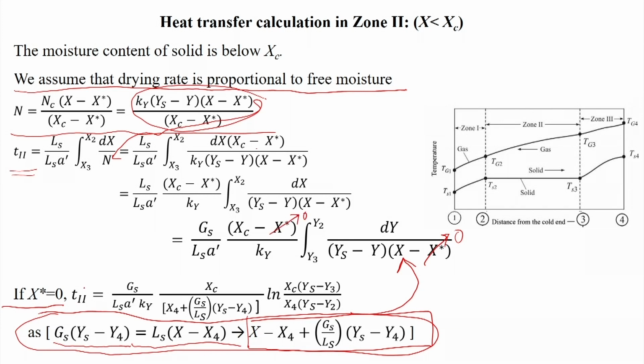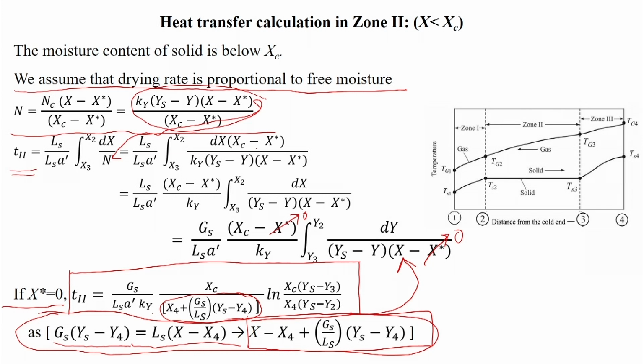Then for t2, just by integration, x will be coming out like x4 plus Gs by Ls into ys minus y4, and we have Gs by Ls into A prime into ky, and then dy by ys minus y, like this will be xc into ys minus y3 by x4 into ys minus y2.